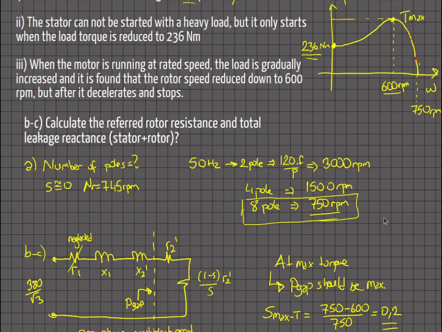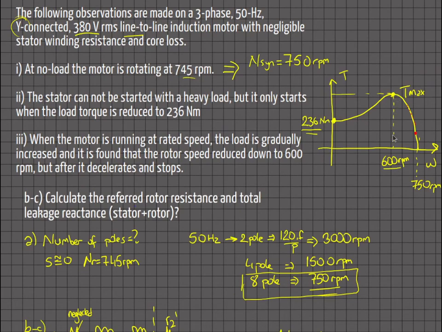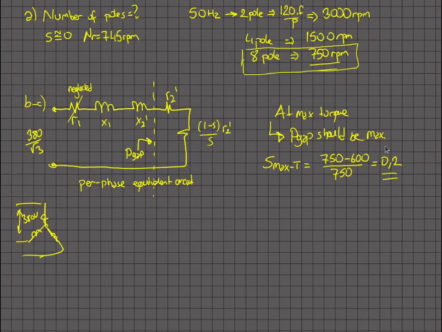So I have the maximum torque when the slip is 0.2, and I know torque is maximum when P gap is maximum, and if you have any problems with those assumptions and equations, please go back to our slides.